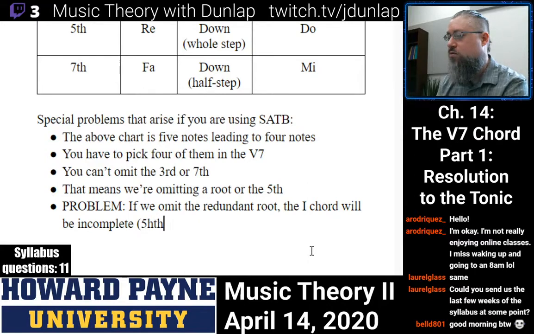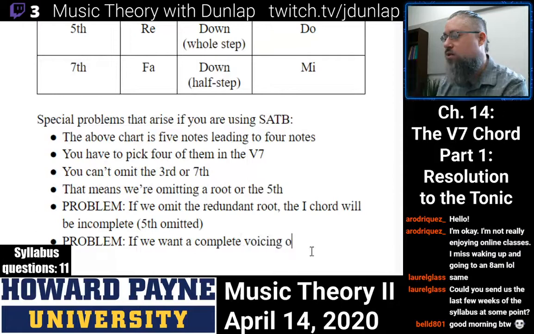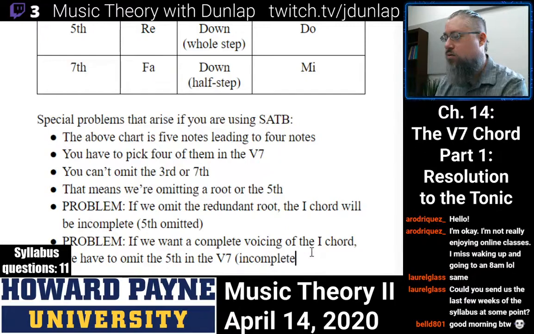Fifth omitted. You've just seen it. Problem. If we want a complete voicing of the one chord, we have to omit the fifth in the 5/7. Incomplete voicing. So how do we fix the problem?